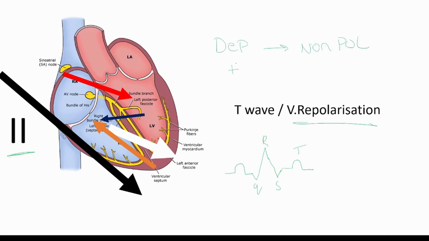So what does that mean? Turning the positive charges back into negative charges. So this is the concept behind why we have a positive T wave. In any other situation, yes, it would be a negative deflection. However, because of this phenomenon, we say that it is a positive deflection.